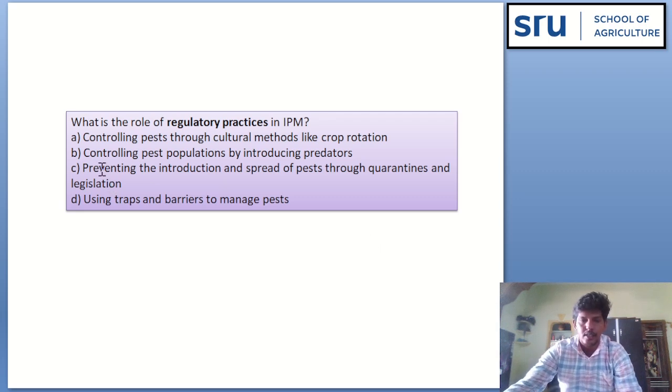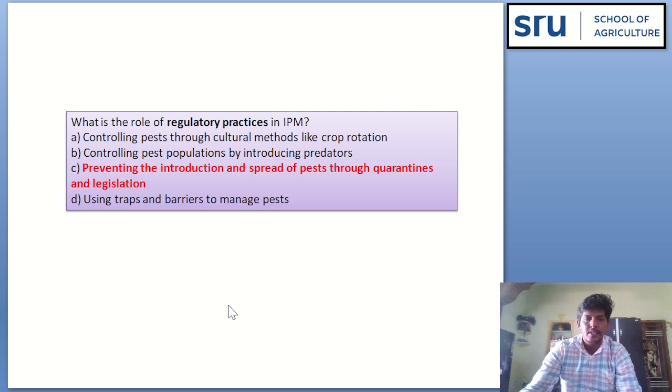Your correct answer is C. Preventing the introduction and spread of the pests through quarantine and legislation is the role of regulatory practices in IPM.